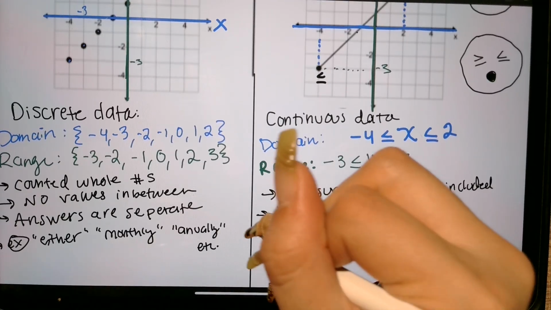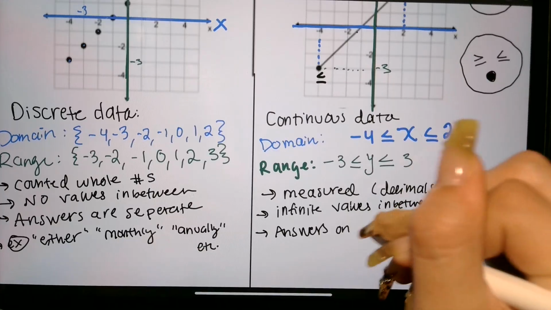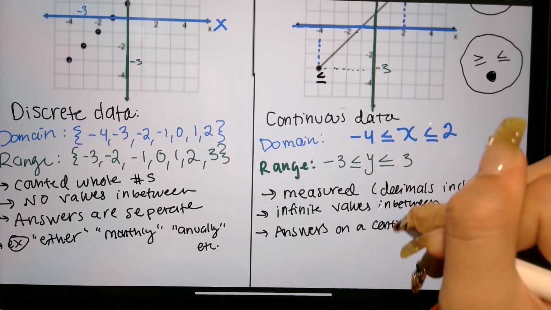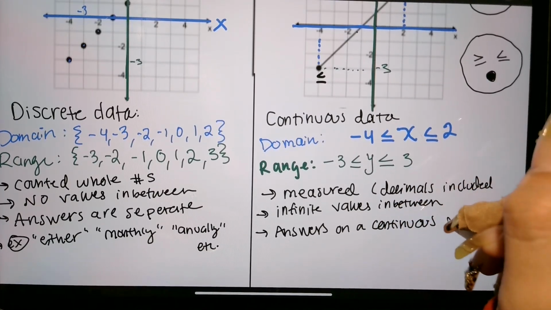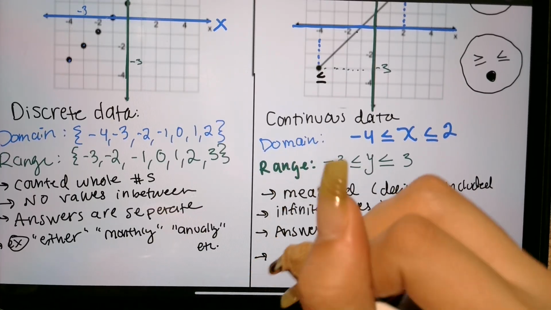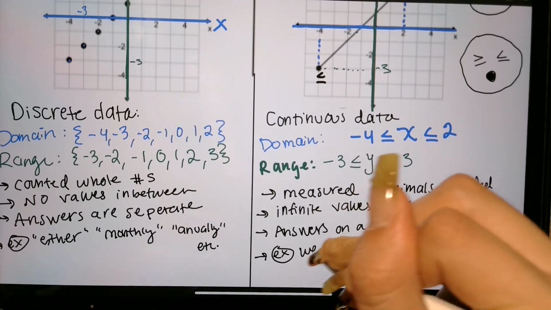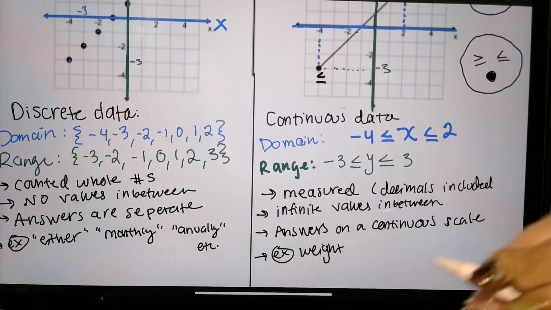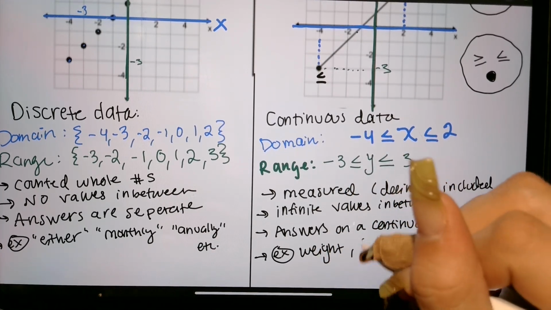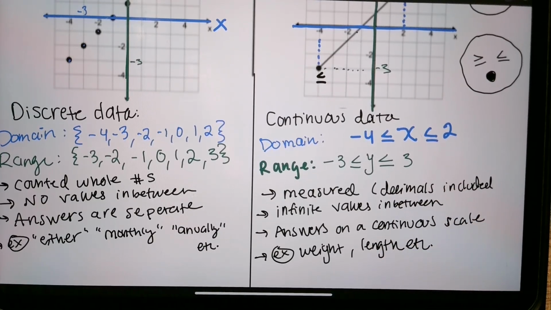Answers on a continuous scale. And then some examples. How would you know? Well, if they're talking about weight, typically continuous, length, any kind of measures, right? All those things are continuous, like the ounces of the ice cream or the milliliters of the Gatorade.